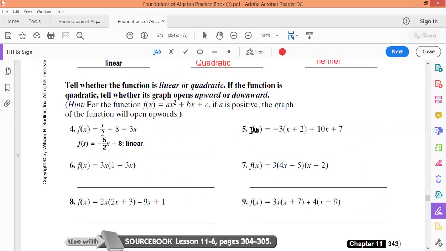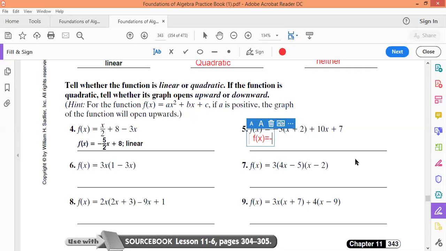Now check the next one. We will solve this question here. This f of x, I'm solving it. First, observe, concentrate. f of x equals, I will multiply negative 3 inside with x and with positive 2.